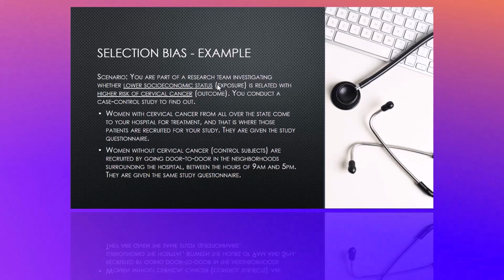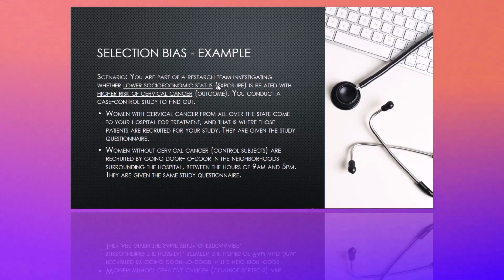And that is where those patients are recruited for your study. They're given a questionnaire. Your control groups are found by going door to door in the surrounding neighborhood from 9 to 5. So the glaring bias here is that those with cervical cancer come from all over the state, while the women without are nearby from 9 to 5.